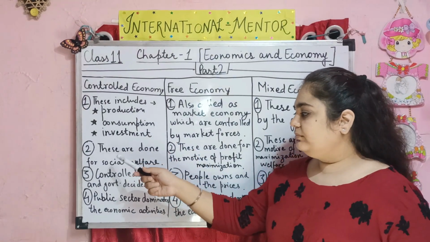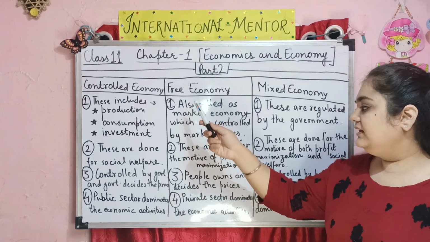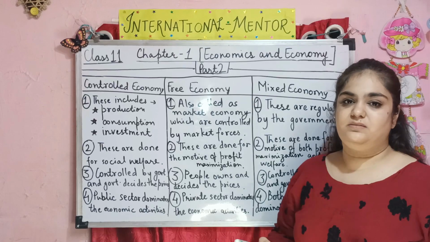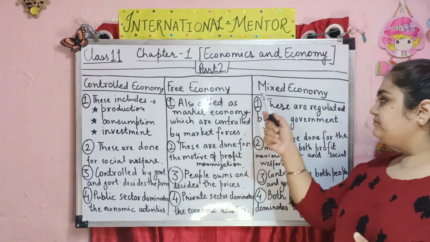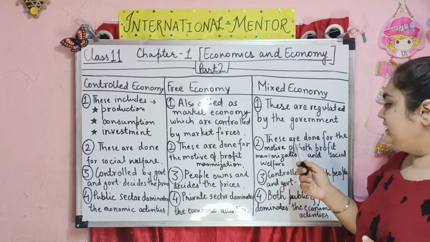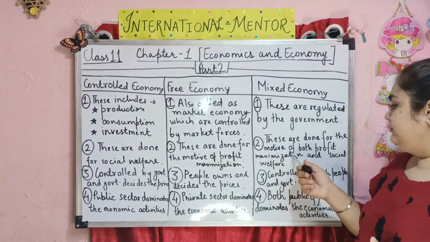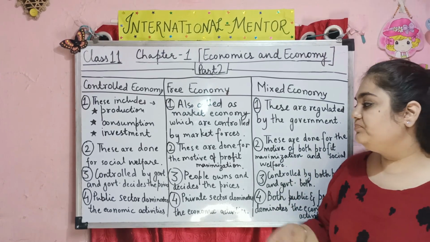In controlled economy, it is done for social welfare. In free economy, it is done for the motive of profit maximization by an individual, company or a firm. In mixed economy, it is done for both the motive of profit maximization as well as social welfare.